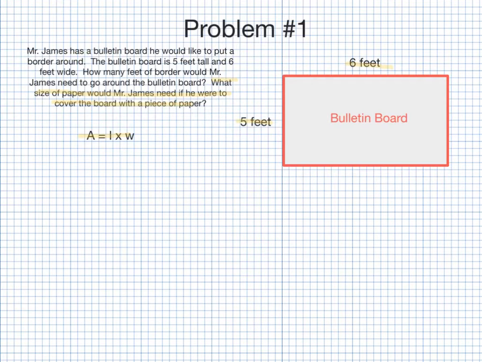So we can now multiply: A for area equals length of 5 times a width of 6. So after multiplying 5 times 6, you get 30 feet. Remember, your answer in area has to be squared.